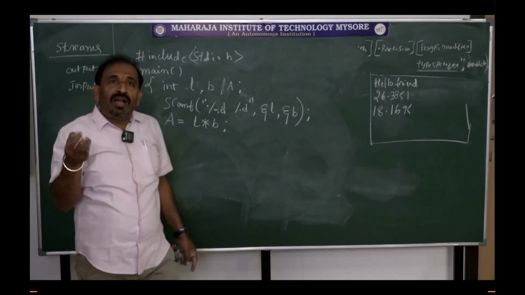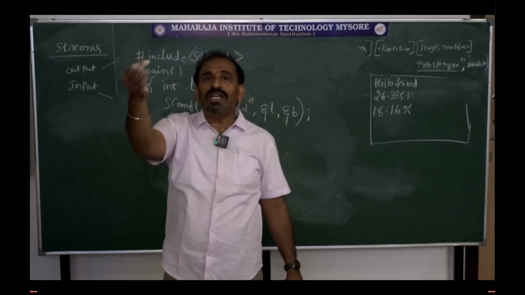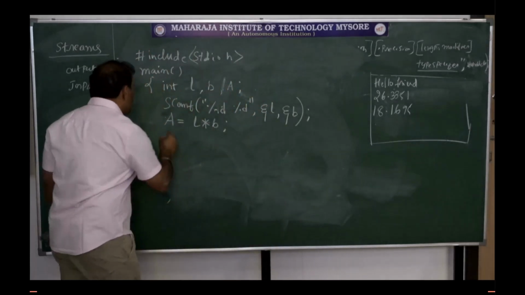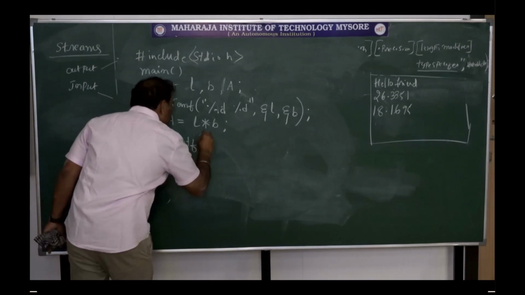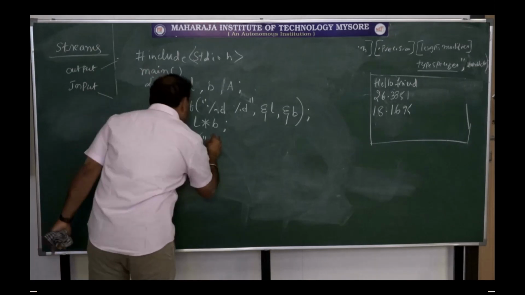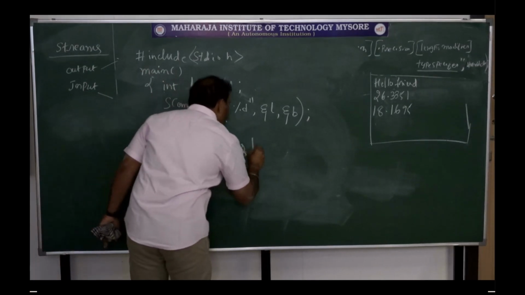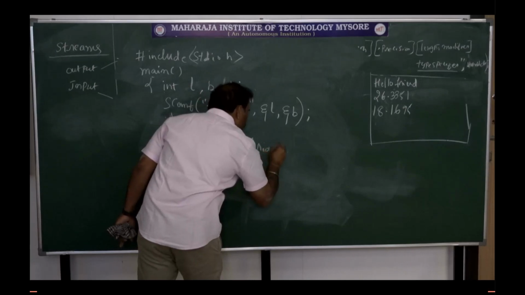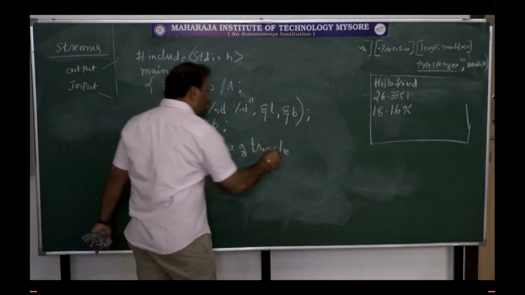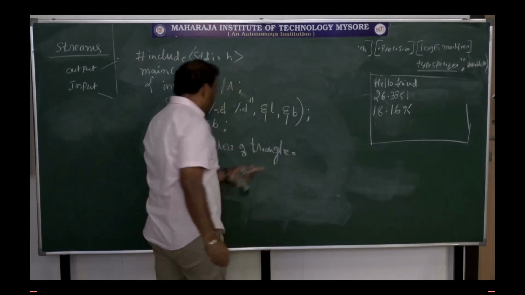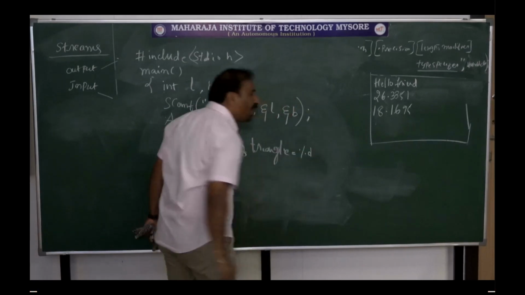Now, how do I know that it is stored in A? The result is stored in A. Use printf statement, you know that very well. Use the printf statement. So, printf area of triangle equals, you are printing this, followed by a number.